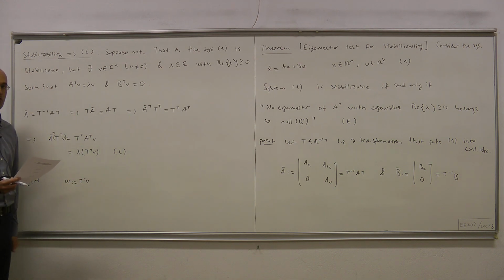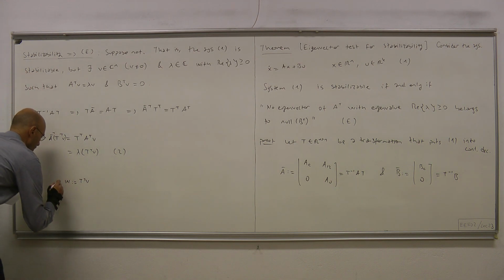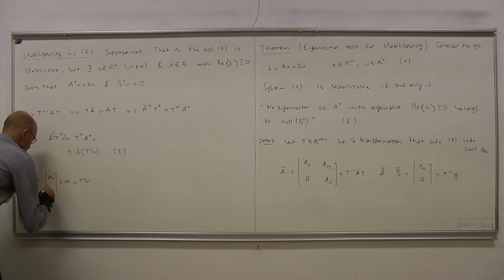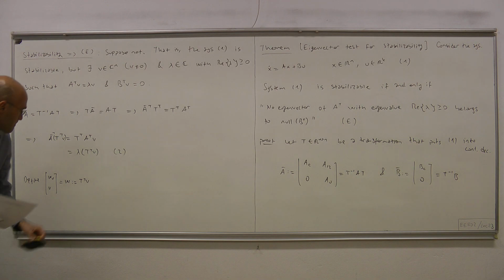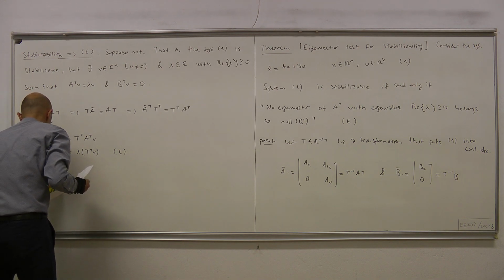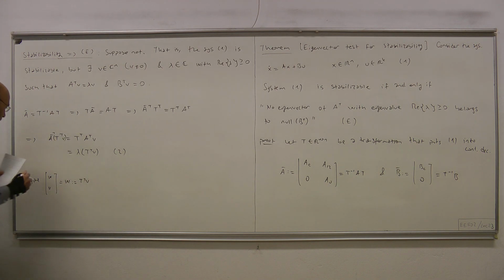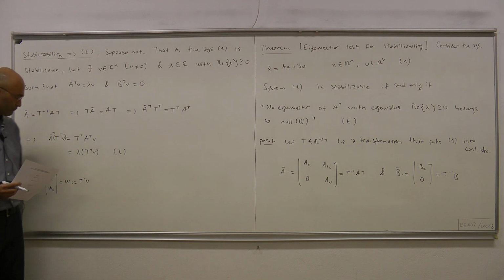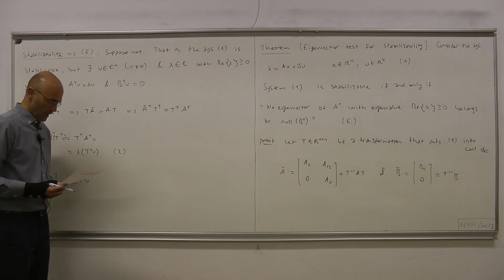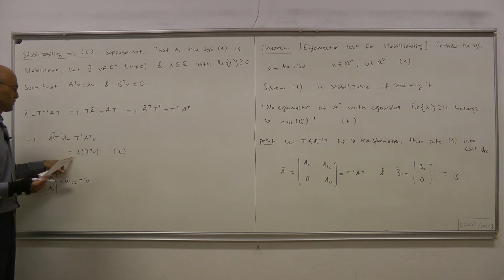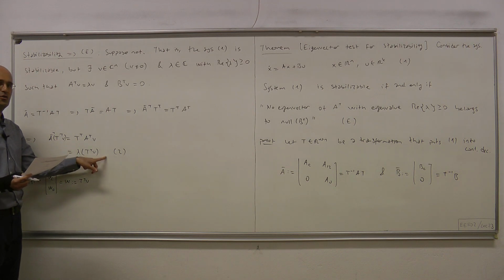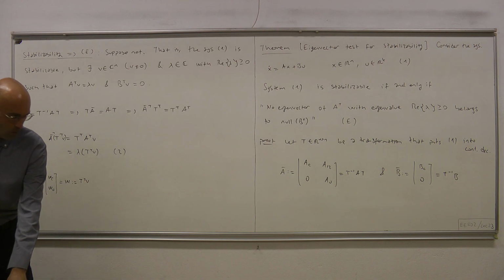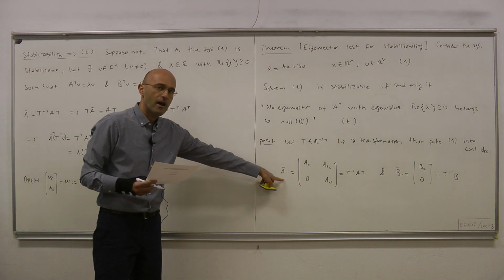This is our non-zero vector W, and let's partition W as W sub C and W sub U. Now let's try to figure out the implications of this identity that we obtained. Remember that A bar has this form.